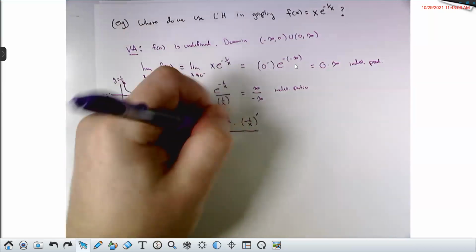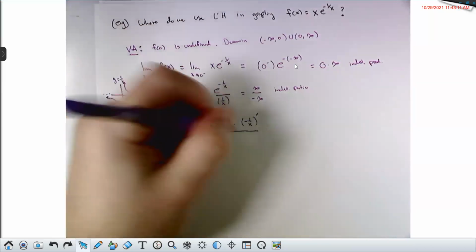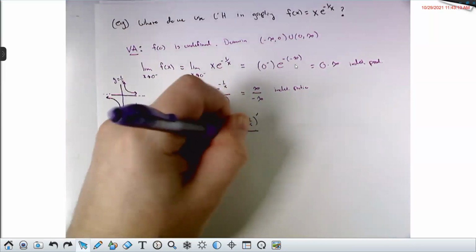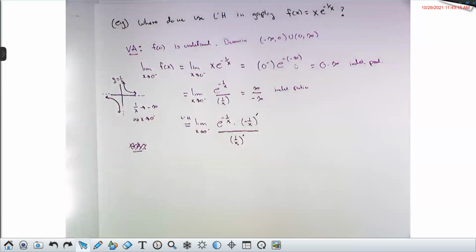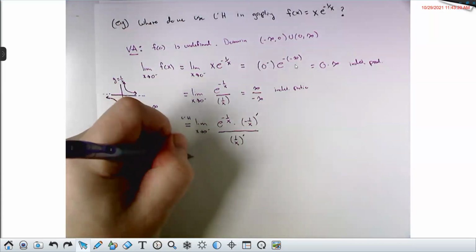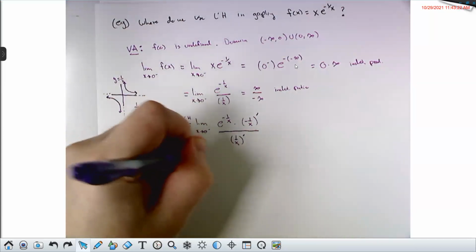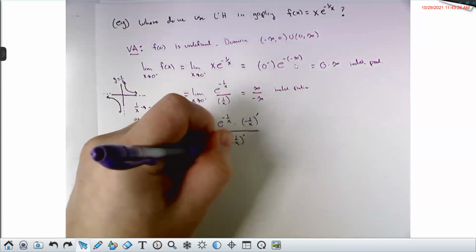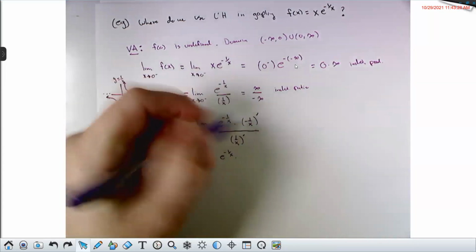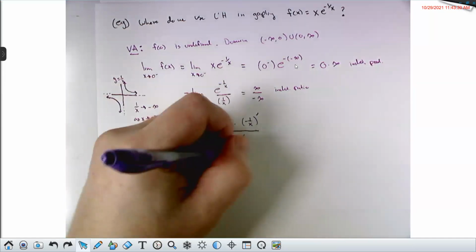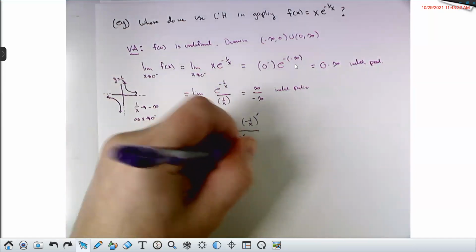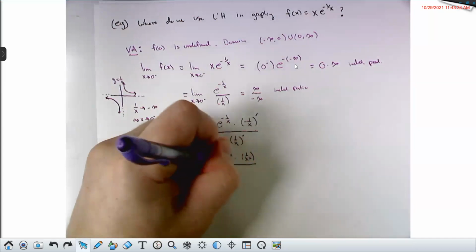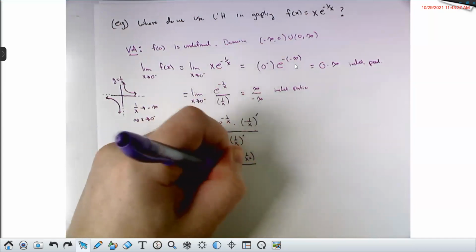Because the derivative of the bottom is, well, maybe I'll write 1 over x prime. And these are more or less going to cancel. But let's go ahead and do the calculation. I don't want to be too lazy here and make things confusing. So that's e to the negative 1 over x times the derivative of negative 1 over x, which is positive 1 over x squared. The derivative of positive 1 over x is negative 1 over x squared.